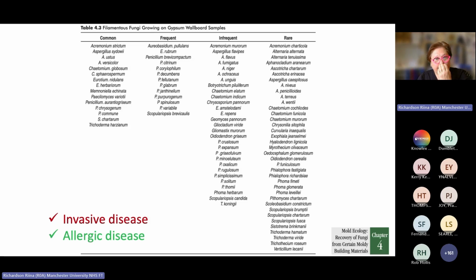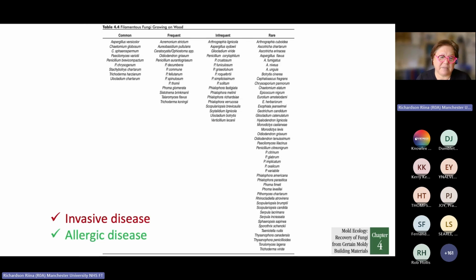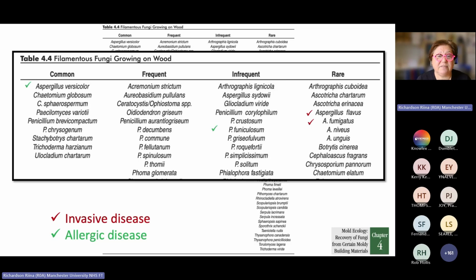Compare that to gypsum wallboard, again, making this a bit bigger for you so you can see: similar, slightly different species now in the common and frequent categories, but infrequent, again, your fumigatus and flavus. So very similar in that sense. Looking at wood, wooden building materials, again, allergic molds are common, but actually Aspergillus species are rare.